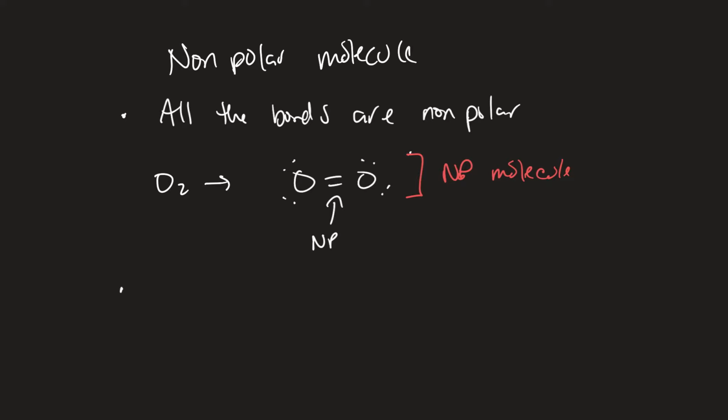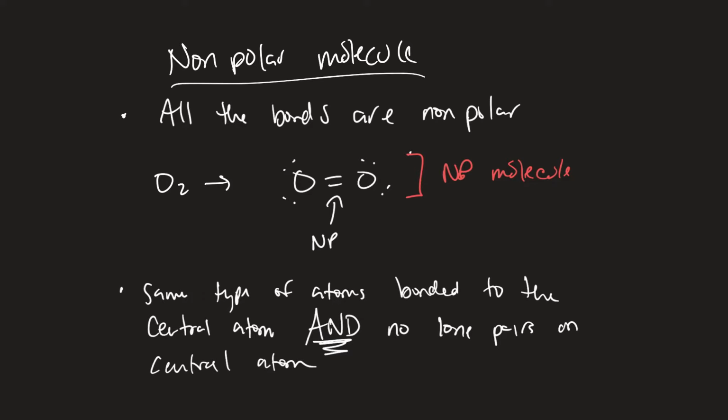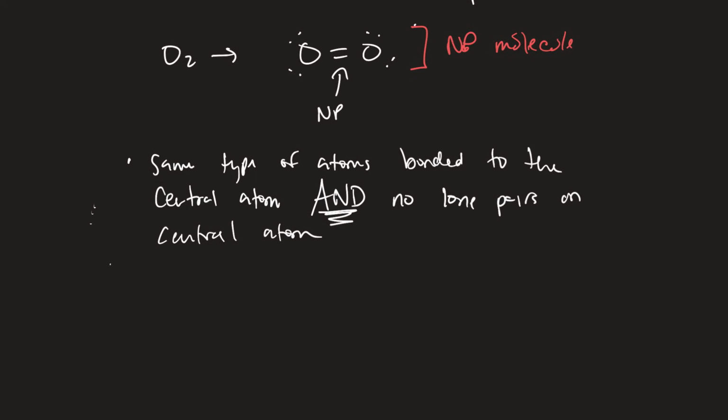If you have the same type of atoms bonded to the central atom, and this is big, there are no lone pairs on the central atom, then in this case you have a nonpolar molecule. Let me give you some examples of what I mean by that.